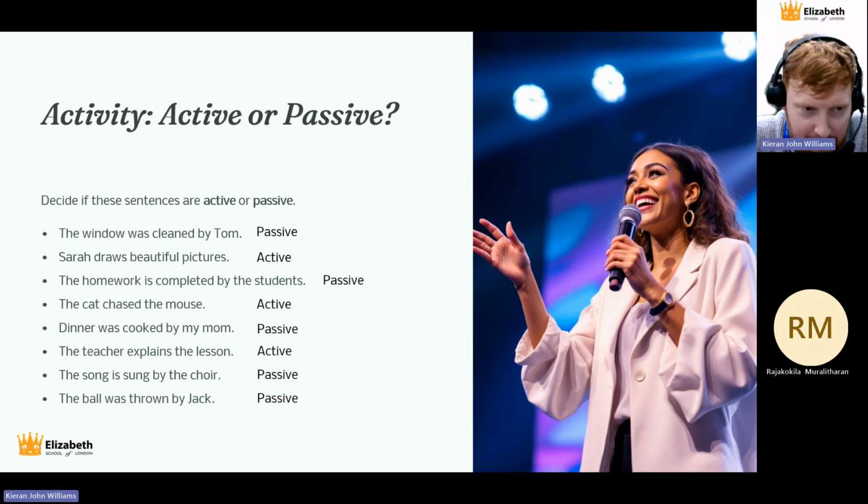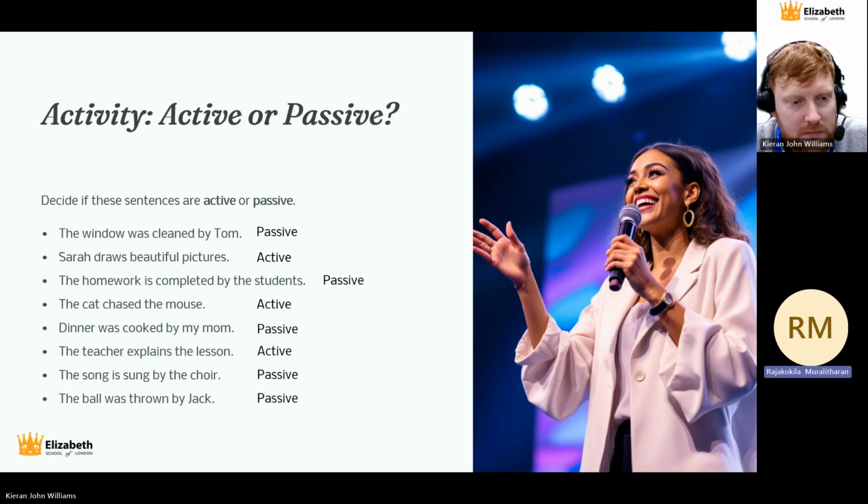This one is active, because the cat is doing the action. Good. Okay, the next one is passive. Very good. The teacher explains the lesson. Active. And the song is sung by the choir, so passive. This is passive. Very nice.